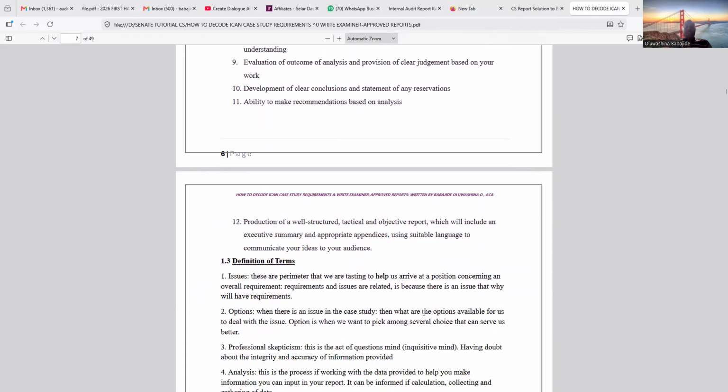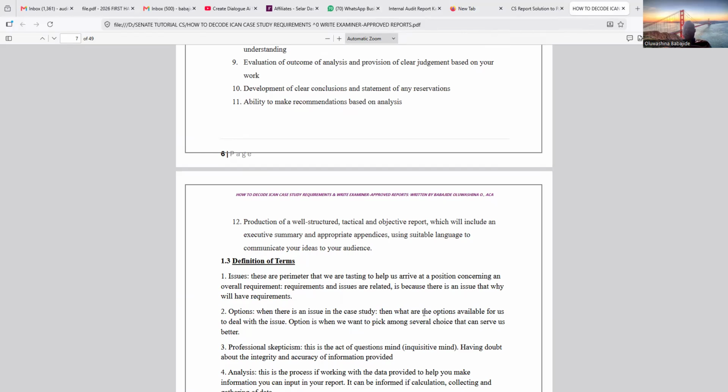Then after that, production of well-structured, technical, and objective reports. So you need a structured report, and I will also give you the structure that you must follow. The report will include an executive summary, appropriate appendices, and suitable language to communicate your ideas to your audience.